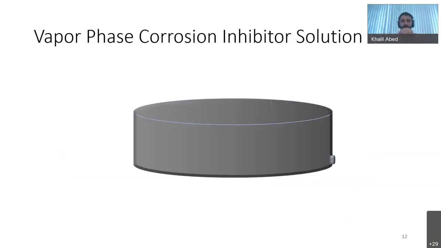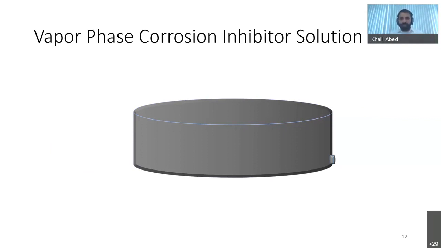Now, one solution that has been applied for the last 20 years, and is getting more and more momentum and acceptance in the industry, is the use of vapor phase corrosion inhibitors to provide protection for the tank floor and also supplement, for example, the cathodic protection in the areas where it doesn't provide the required protection.